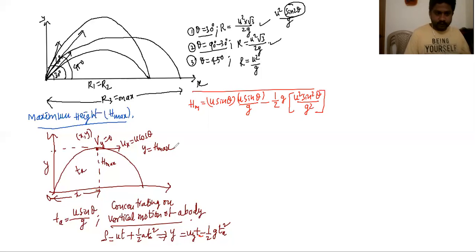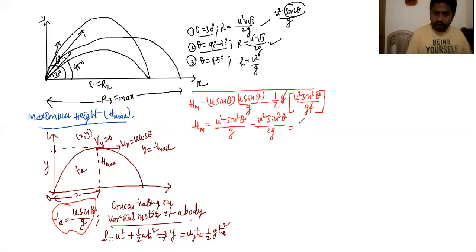Because the time of ascent formula you have written here, u sine theta by g, one g cancels. So the maximum height is equal to u square sine square theta by g minus u square sine square theta by 2g.